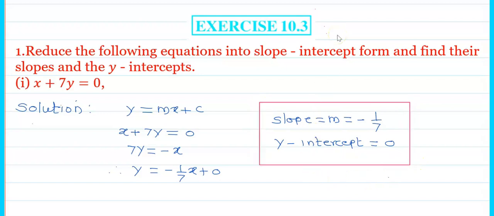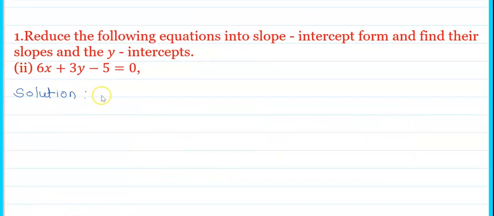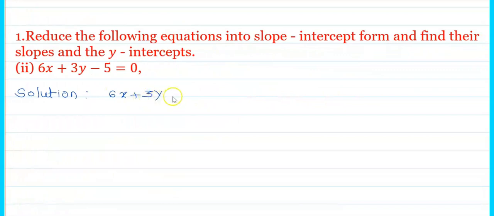This is again the slope-intercept form, y = mx + c. Now the next example, the second equation is 6x + 3y - 5 = 0. Therefore 3y = -6x + 5.